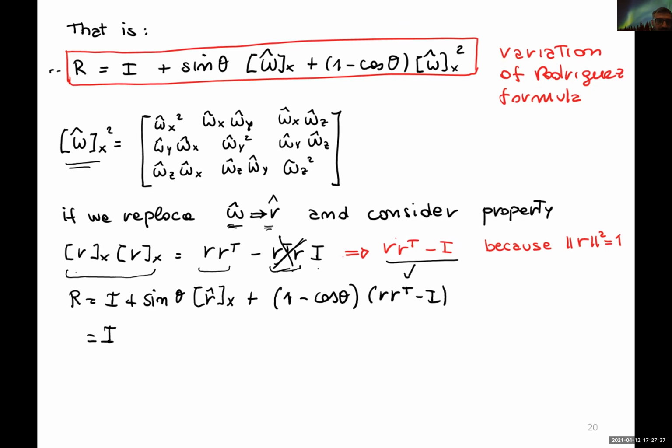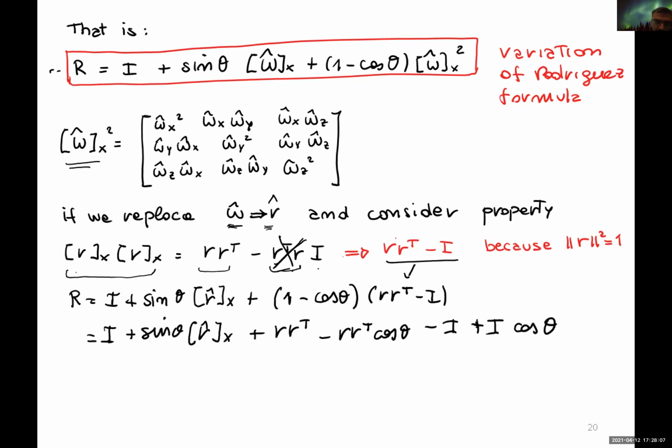This is again I plus sin theta, plus minus r transpose cosine theta, minus I plus I cosine theta.